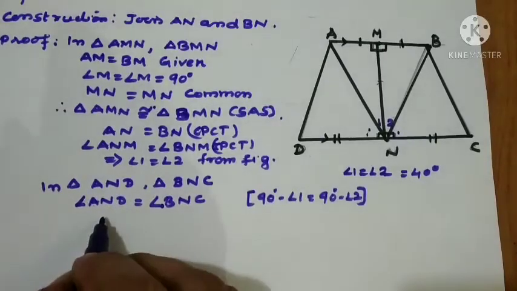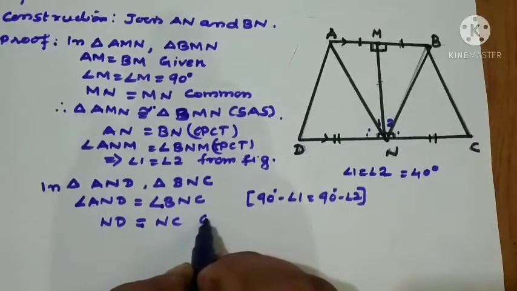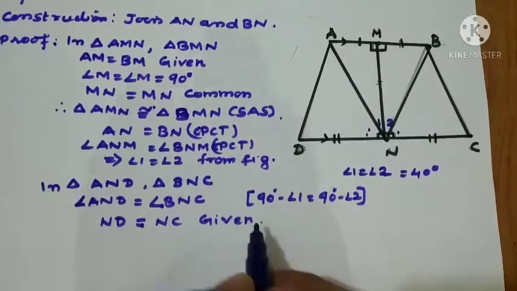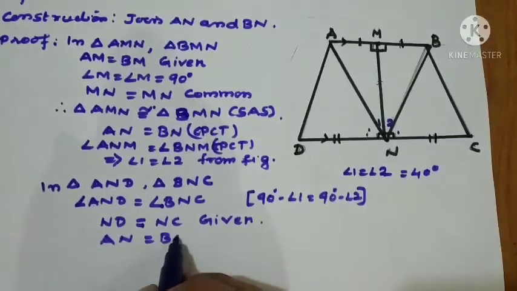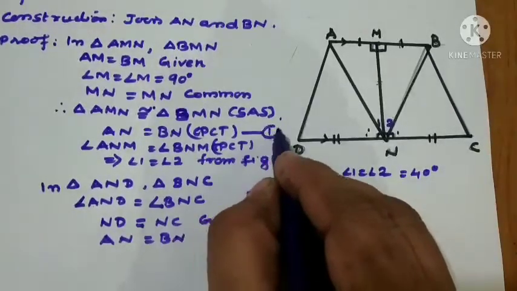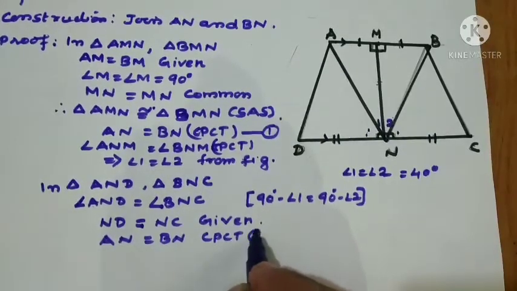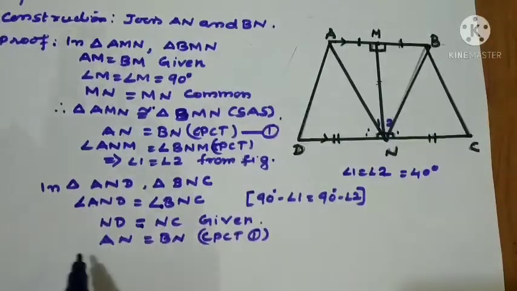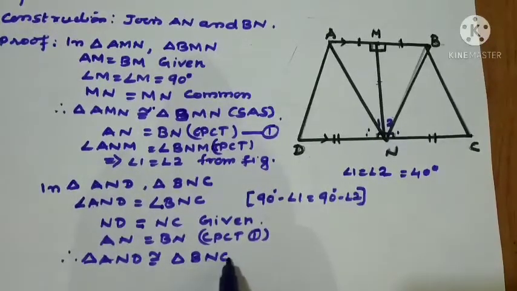What is the next point? ND equals NC, given. Next, AN equals BN, again it is CPCT, I'll write here. Now triangle AND is congruent to triangle BNC.